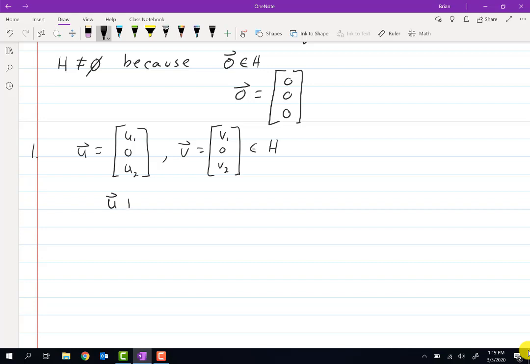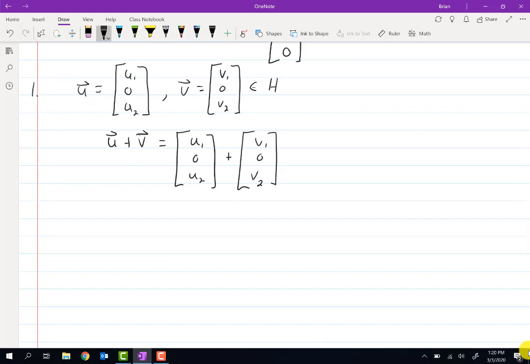If I take U plus V, we have U1, 0, U2 plus V1, 0, V2. Now if you remember, we add vectors coordinate-wise. So I'll have a U1 plus a V1 in the first coordinate, 0 plus 0 in the second coordinate, and then finally U2 plus V2 in the third coordinate.